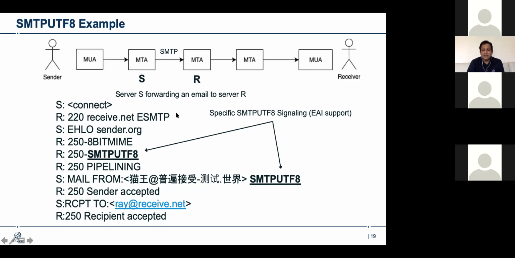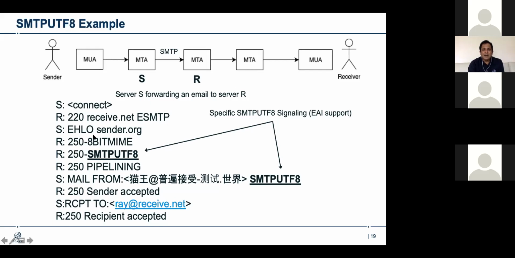Initially the mail servers will have a connection. So the sending server will send a connection request, and the receiver will send a reply code. Usually, when a reply code starts with a 2, that means it's a success, right? And in this case, the receiver will send the receiving domain, and it is extended SMTP.